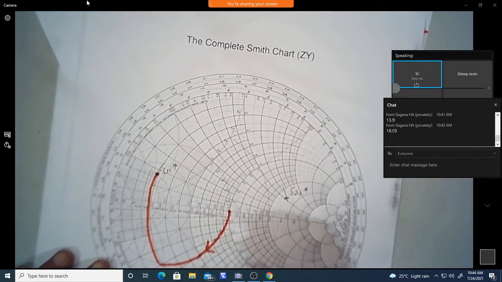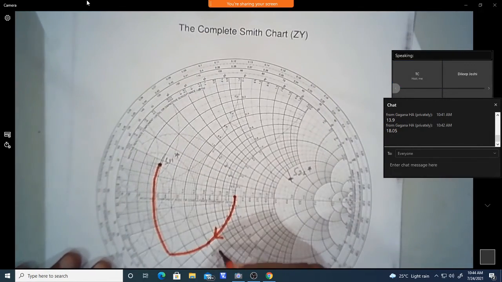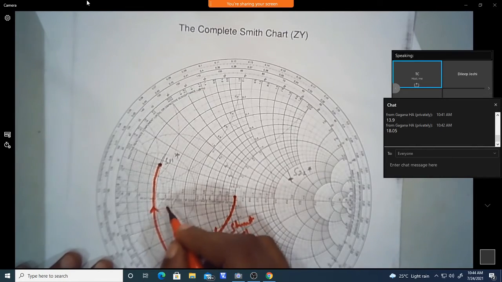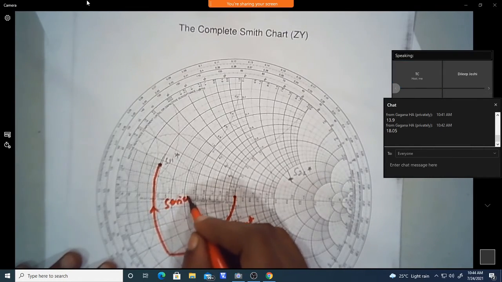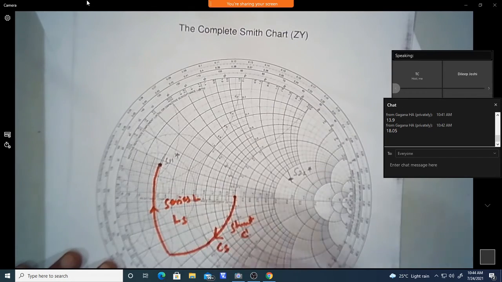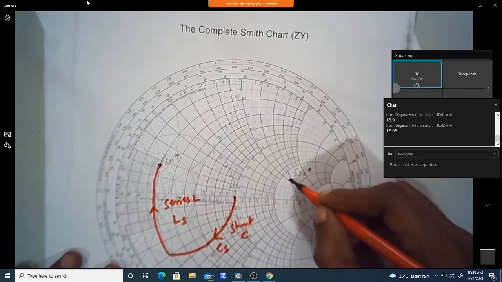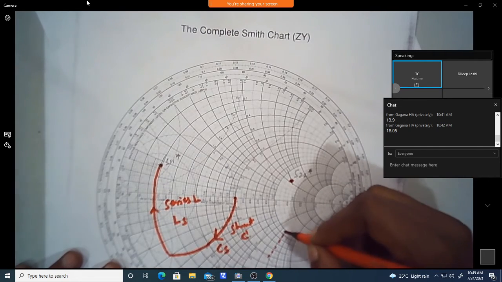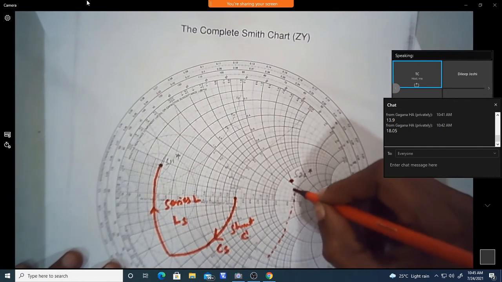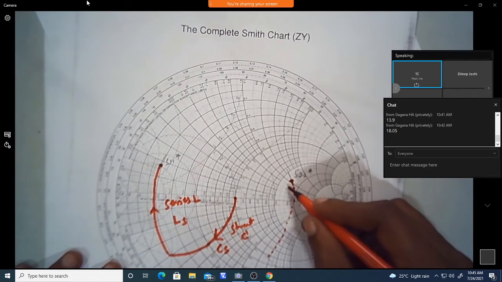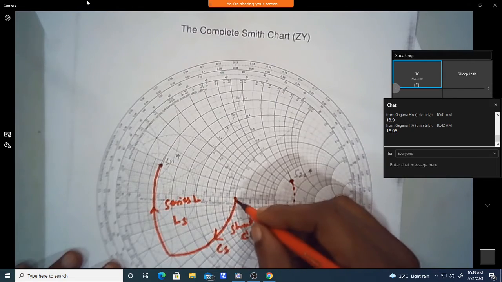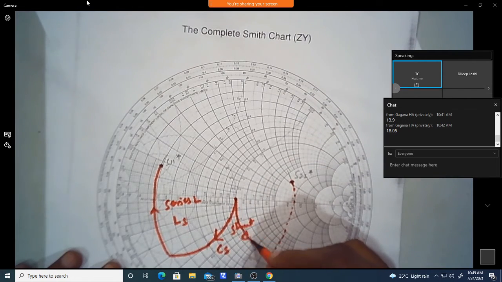Again we are moving downwards, shunt C, and then series L. Similarly we have this point, and in between the circle it is coming, so you have to run that circle parallelly till this point, that is the unity resistance circle, then you can mark this.